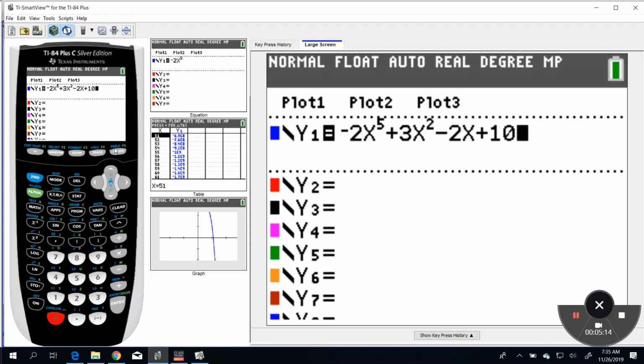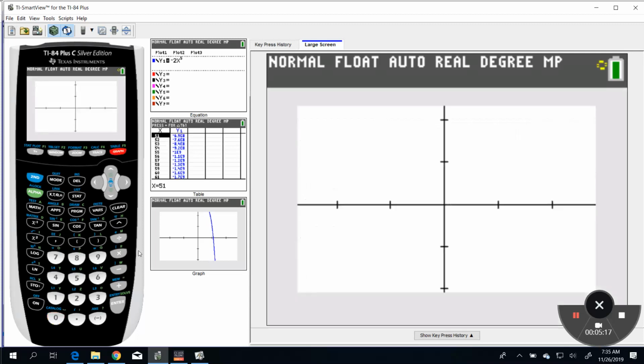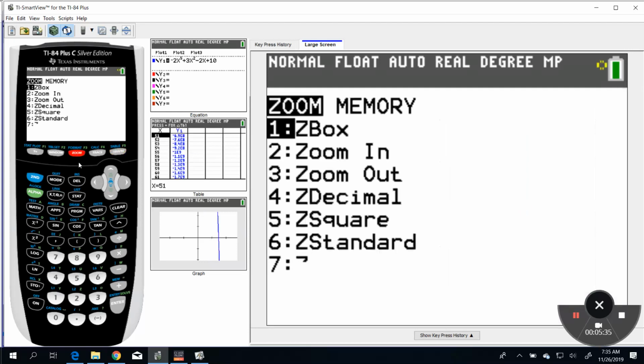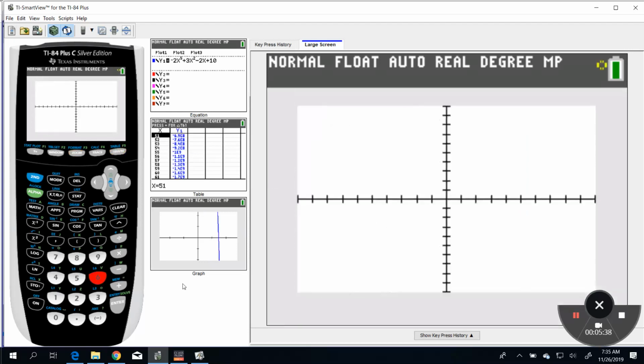And then I hit graph. And I'm zoomed in very closely. And see how that little button by your battery is spinning? As long as that's spinning, it's thinking, and you can't do anything, so you might as well wait for that to finish. But there's one spot where it crosses. But I'm going to zoom out to just a standard.